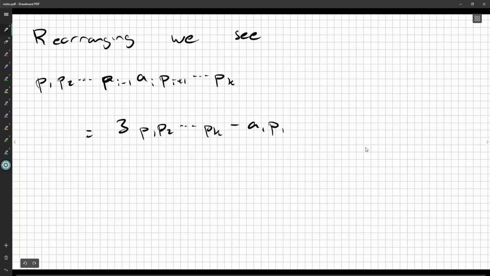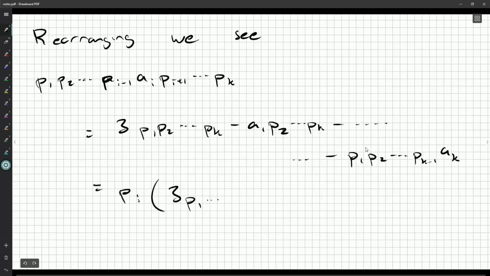So minus A1, P2, all the way up to PK, minus all the way down to P1, P2, all the way times AK. AK is the last one. But we can take out a factor of PI from each of these. Which is, yes, boring to write out, but we are being exact.